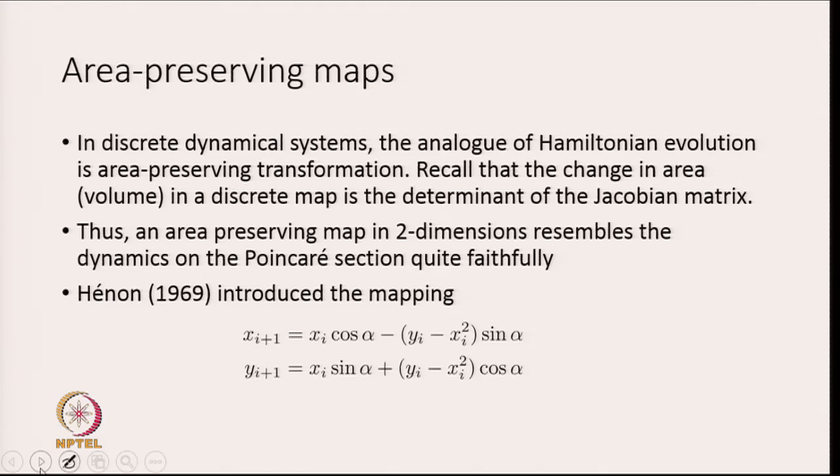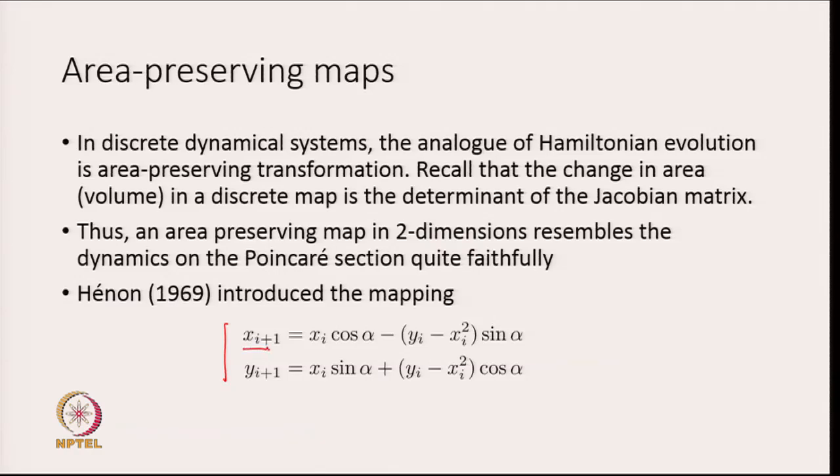Michel Henon again in 1969, and actually also in the Henon-Heiles paper, introduced mappings to mimic Hamiltonian dynamics. And here is one such map which shows some features of the dynamics particularly well. This is a 2-freedom map.